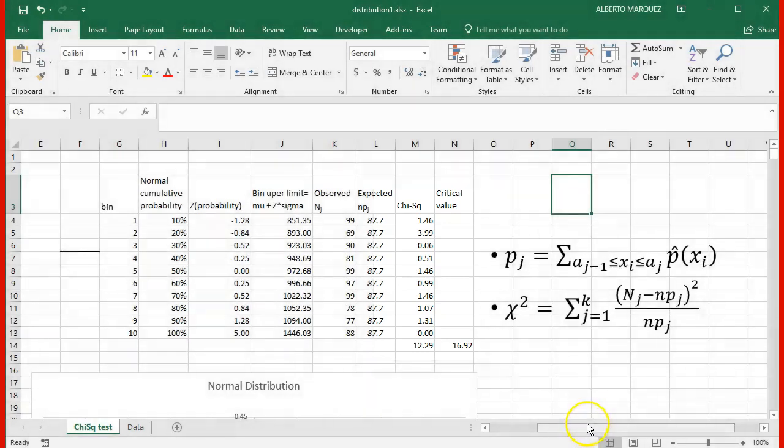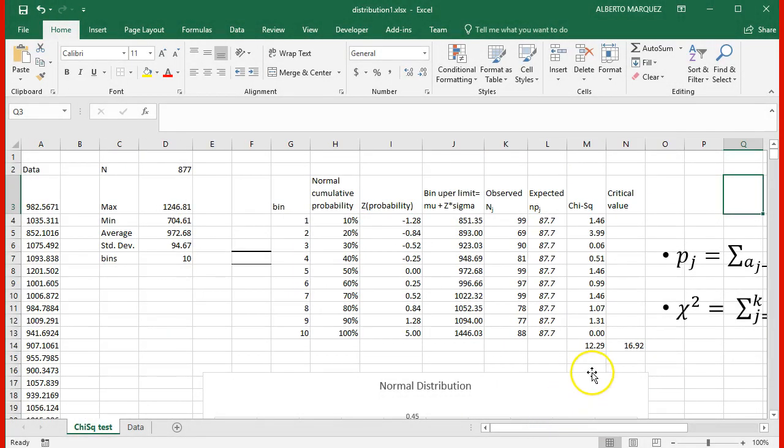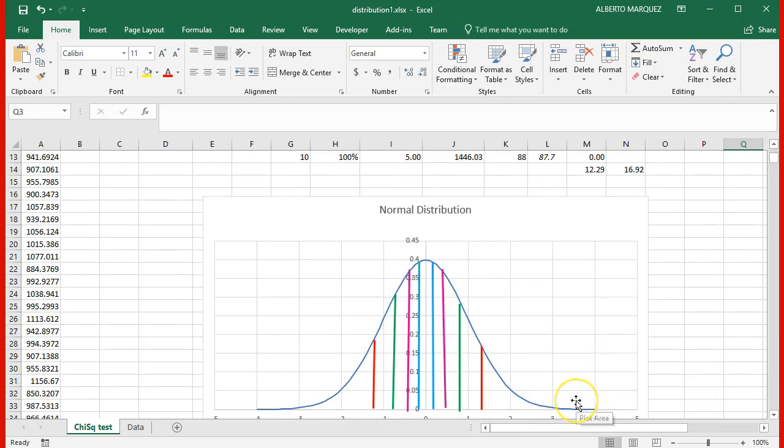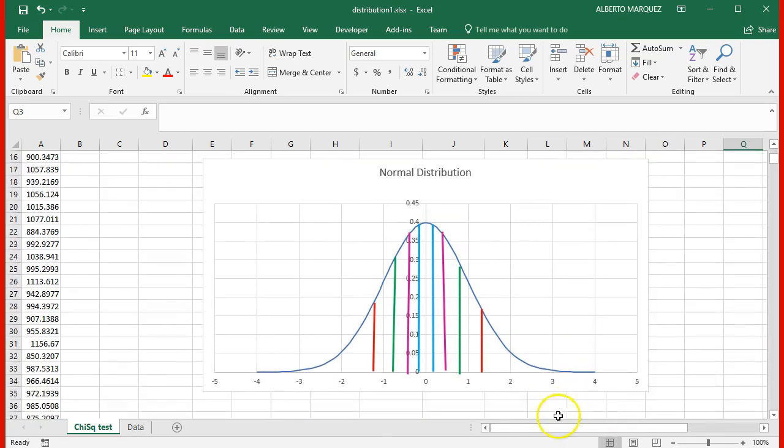To understand a little better what we did with the bins, each one of the areas in the normal distribution depicted here in between the colorful lines are supposed to be 10% or approximately 10%. And in each one of these bins, we counted how many actual observations we had. We would expect them to be close to 10%.